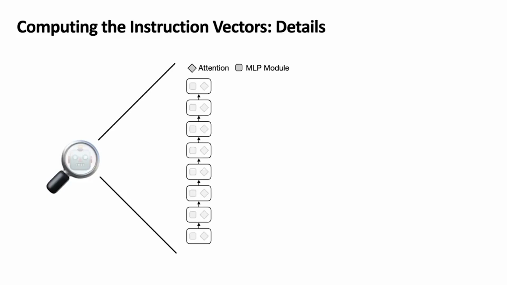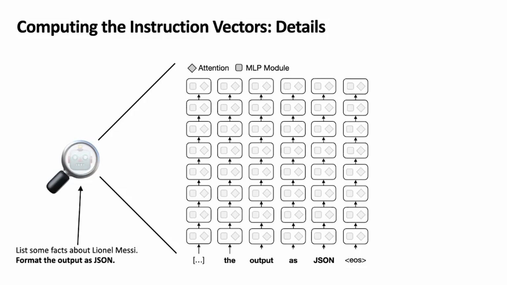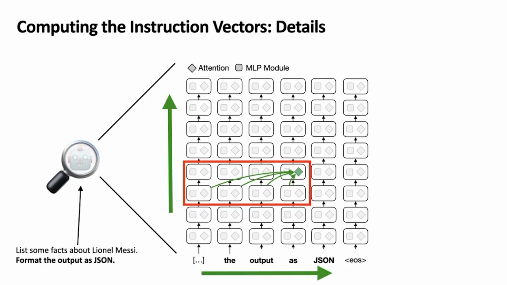Obviously these models consist of stacked transformer blocks, each block containing an MLP and an attention module. When these models are fed some sequence, they propagate the information from early layers to late layers, and thanks to the causal attention, from early tokens to late tokens.